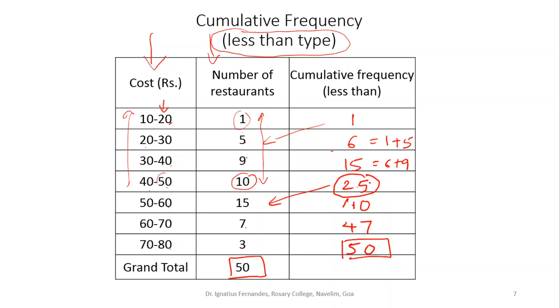These values are the total values which are less than the upper limit in that class. So there are 40 values which are less than 60. There are 47 values which are less than 70. That means there are 47 restaurants which give their meal for less than rupees 70, and so on. This is the meaning of cumulative frequencies.